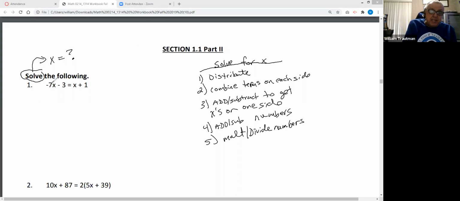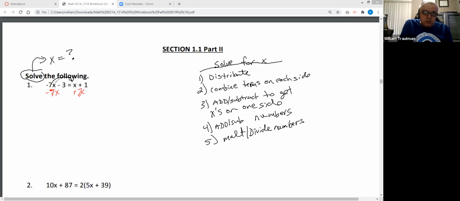So I want to take this minus 7x over to the right side. Don't forget step 3, we're going to add and subtract to get the x's to the other side. So the opposite of minus 7x is adding 7x.